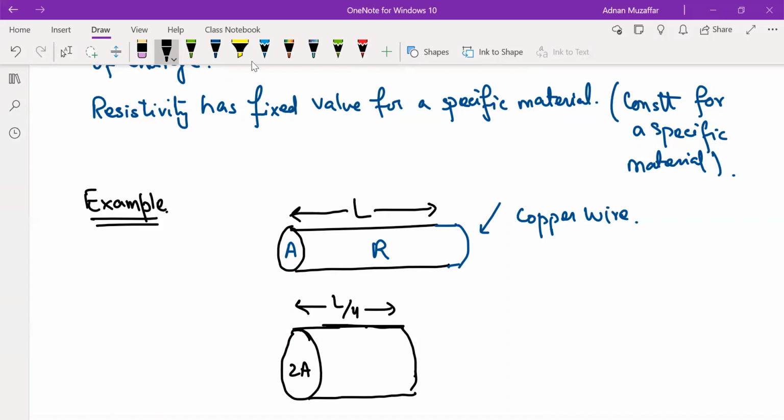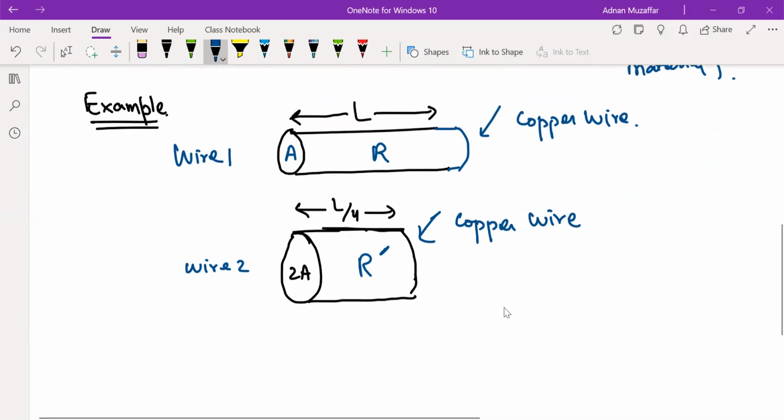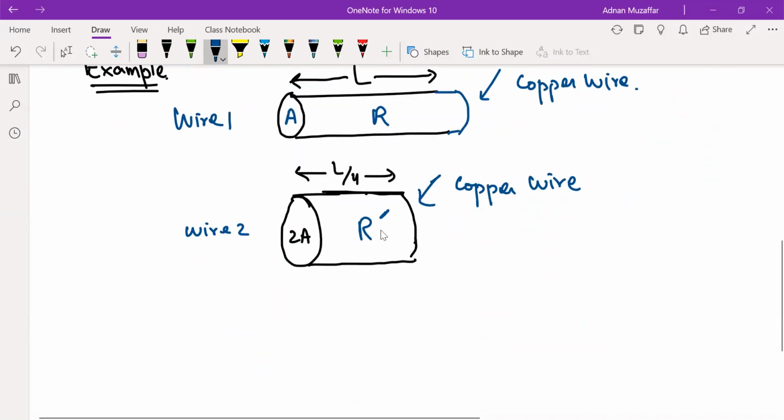So it's also a copper wire. And they're asking you to calculate the resistance of this wire. I can call it R prime, just to distinguish it from that. So this is wire 1, this is wire 2. And it is mentioned that both are wires of the same material. So you need to find out this resistance R prime.